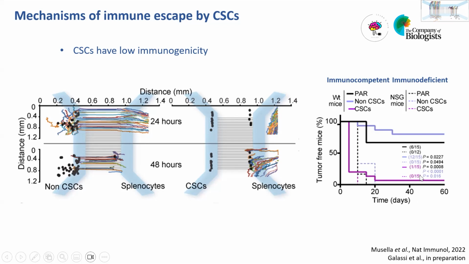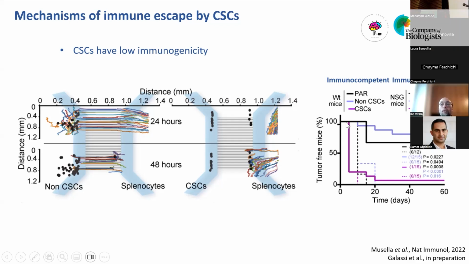If we look at the graph, we can really appreciate that the cancer stem cell fraction is less immunogenic. The percentage of tumor-free mice is really lower than with the non-cancer stem cells. And this is only in the immunocompetent mouse. We observe no difference in immunodeficient mice, which means that these cells have very low immunogenicity.